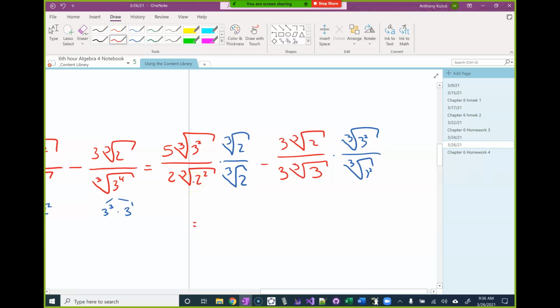So if I do that, I'm going to have 5 cube root 3 squared times 2 over 2 times cube root 2 cubed, and then minus 3 cube root 3 squared times 2 over 3 cube root 3 cubed.